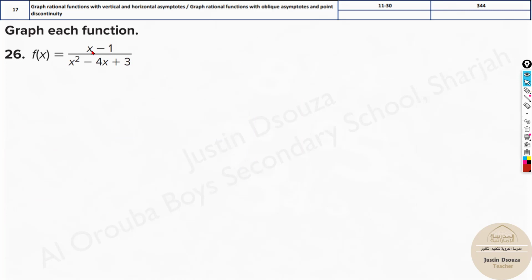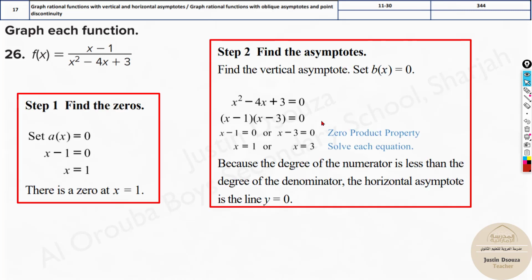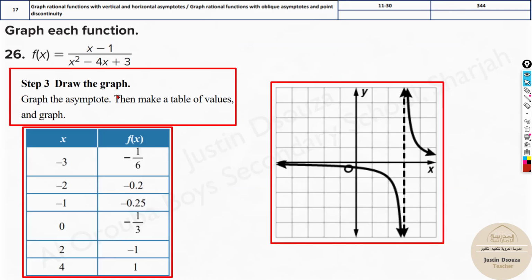Now, what about this problem? Here, x is in the numerator, that's degree 1, but the denominator degree is more. Whenever this happens, the horizontal asymptote is directly at 0. So the final answer, see the denominator over here can be split. These are the vertical asymptotes, but where is the horizontal asymptote?